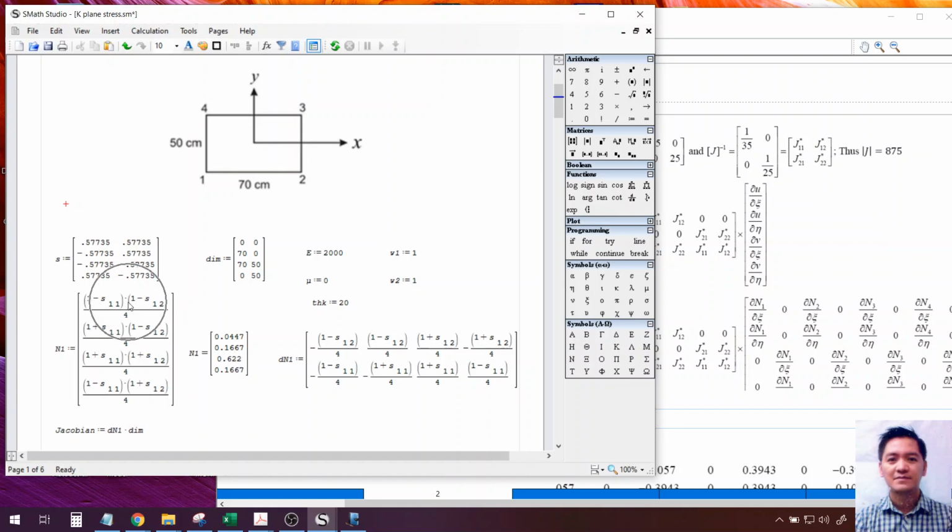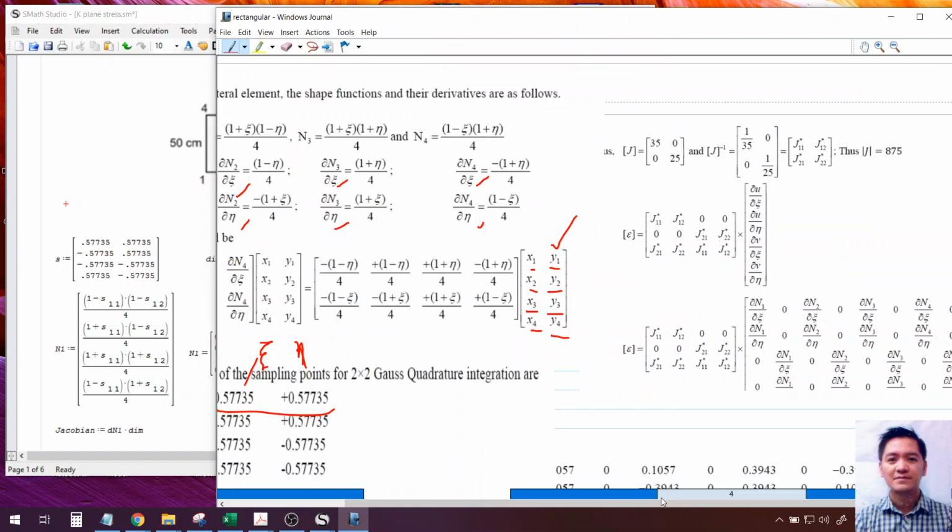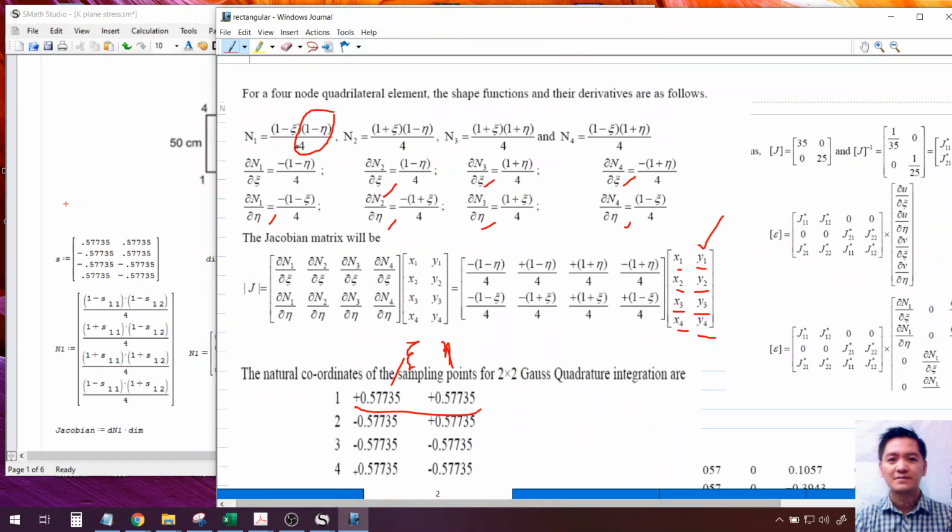Then the N matrix is here. This one is actually this one. Yan, no? 1 minus c, 1 minus eta over 4, 1 plus c, 1 minus eta over 4, 1 plus c, 1 plus eta over 4, and then 1 minus c, 1 plus eta over 4.